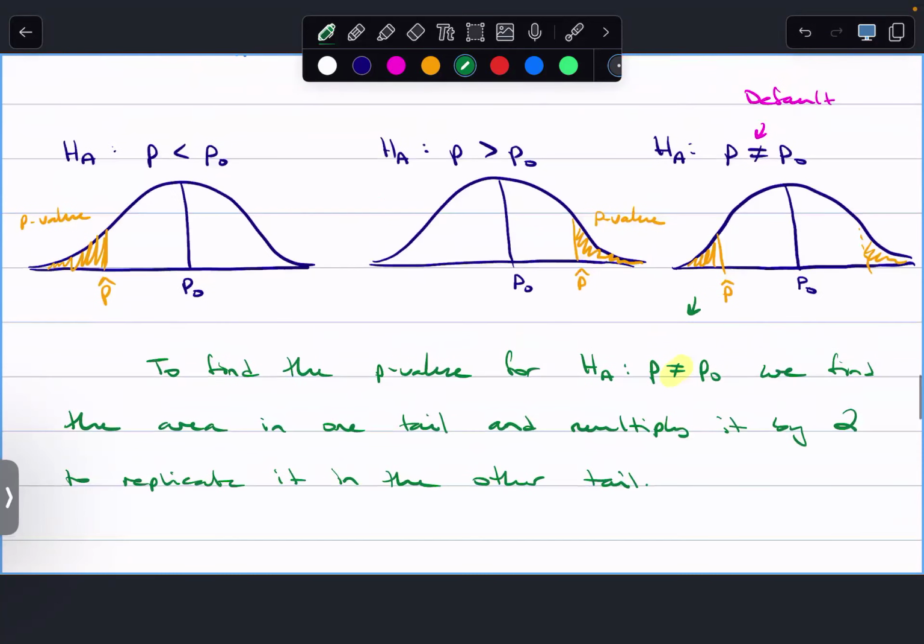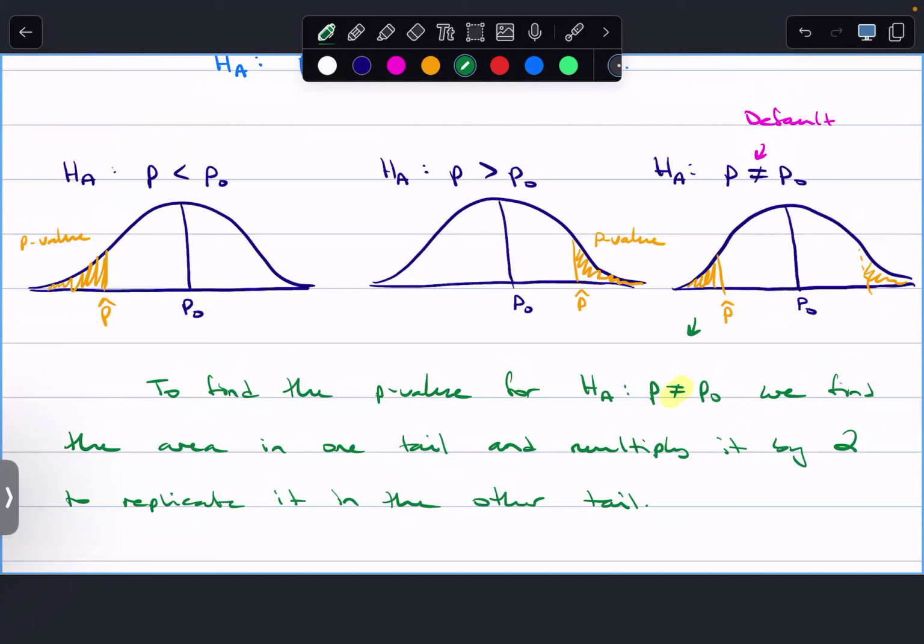So that's a little bit tricky, but once you get the hang of that, then you're okay, right? You just need to multiply it by 2, and you've got the NORM.S.INV command and the NORM.S.DIST command to find the areas in the tail, right? And then you can just multiply it by 2.